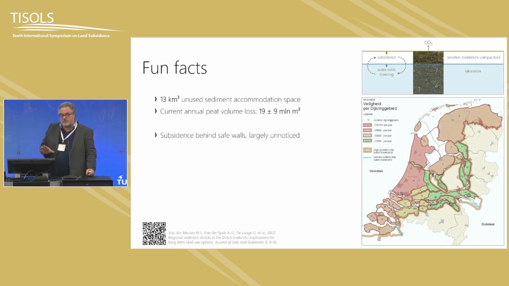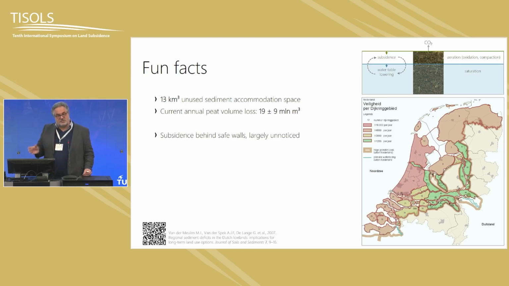This is a map that every Dutch person will recognize. You see colored areas which are enclosed by dikes or dunes, and within each ring, we call it a dike ring, there is a certain guarantee of flood safety expressed in a chance of flooding per many, many, many years.